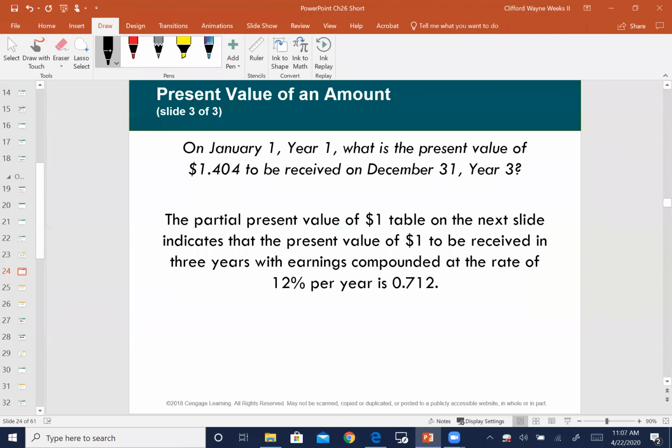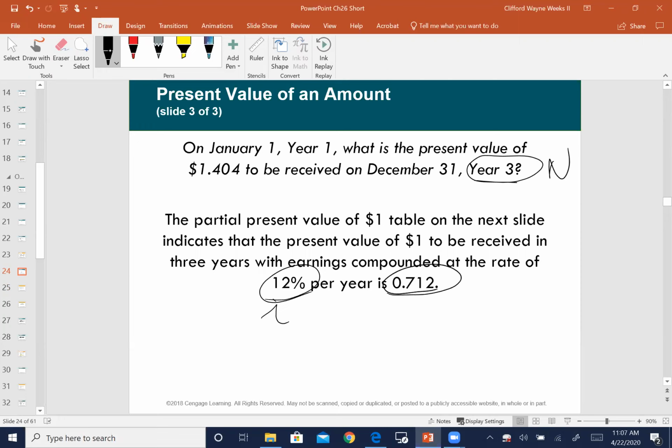If we go back and look at our scenario, we said this thing was a 3-year, 12%. So this is N, this is I, and we can use the table to find the present value factor of one payment, that $1, at 3N and 12I.